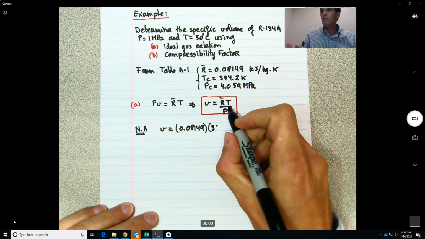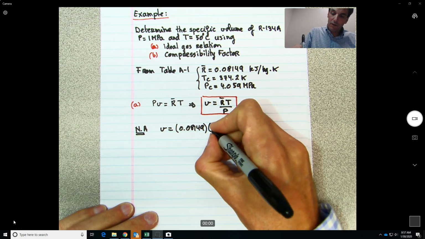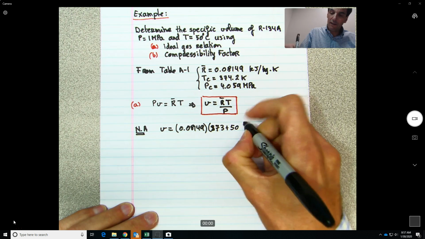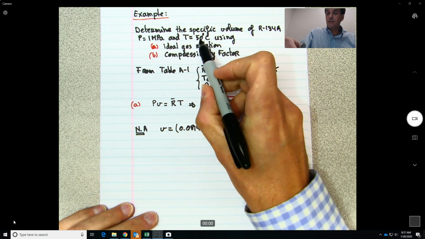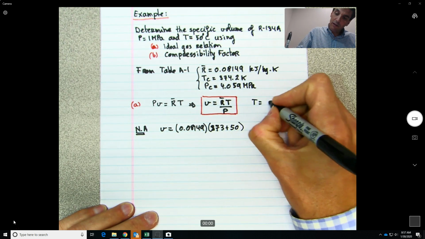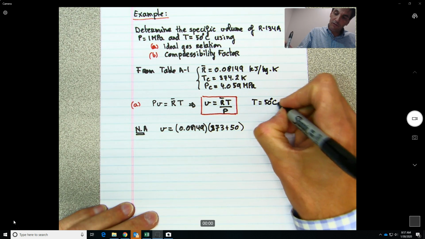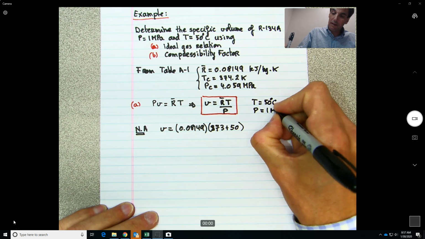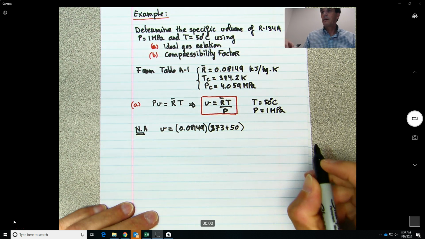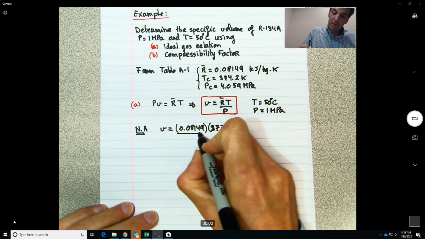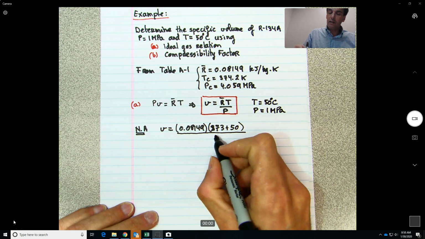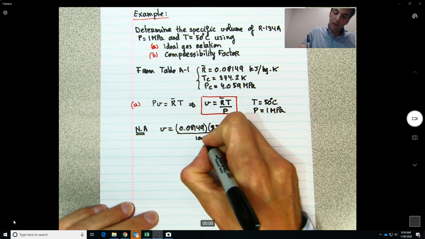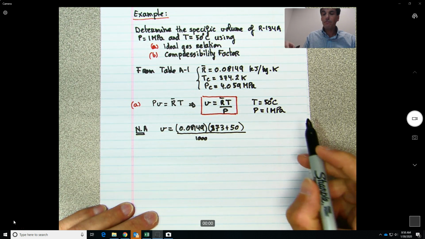The temperature was 50 degrees Celsius, so it will be 273 plus 50, we need it in Kelvin. And P is equal to 1 megapascal. We need this in kilopascals, so 1 megapascal will be 1000 kilopascals.